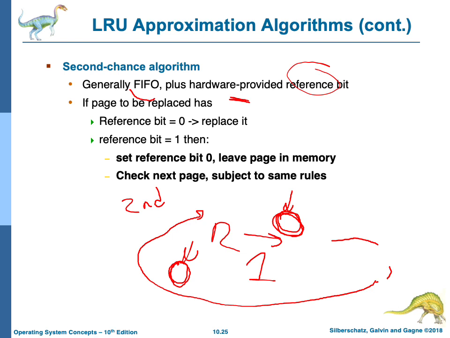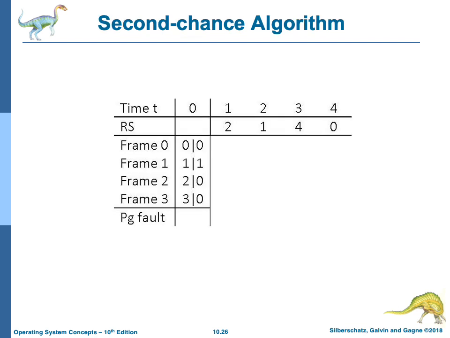In the first pass, anything that has a reference bit of 1, we set to 0, but we're not going to replace it immediately. We're going to give it a second chance. Only in the second pass, the first page found to have a reference bit equal to 0 will be replaced. And so let's apply the second chance algorithm to this example.